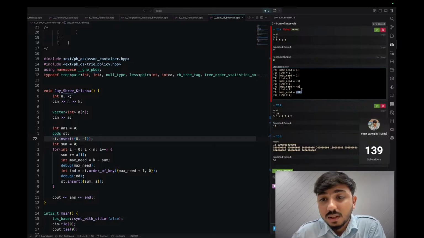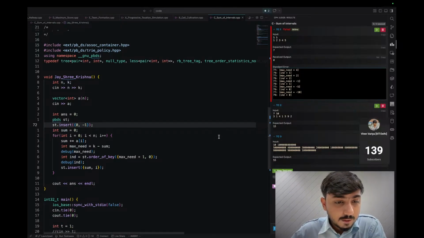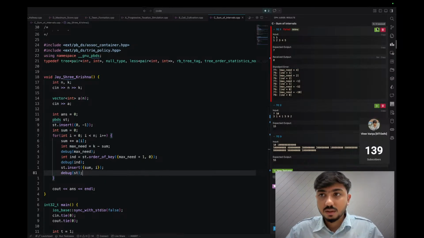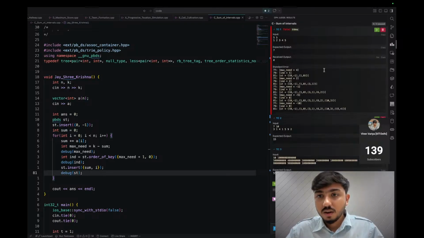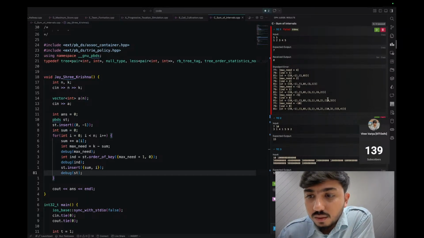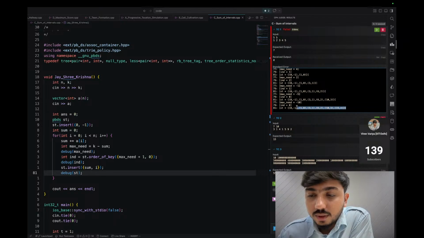Why am I getting minus? Can we debug st or not? Oh wow, yeah. Okay, 6. See, this is fine.